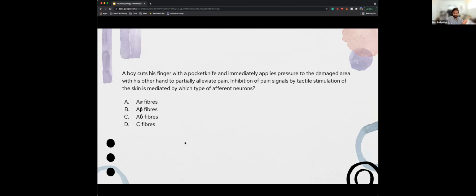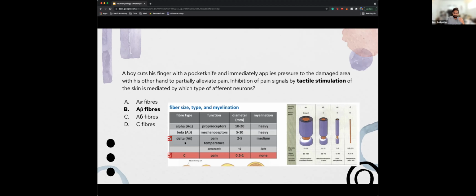Now, like I said, this is probably what's going to be more like an exam type question that you might get: a boy cuts his finger with a pocket knife and immediately applies pressure to the damaged area. Inhibition of pain signals by tactile stimulation of the skin is mediated by which type of afferent neuron? Yeah, it's going to be B again, because remember, beta is mechanoreceptors.